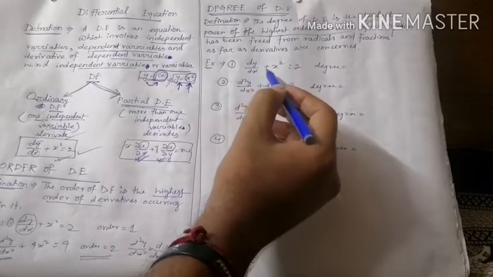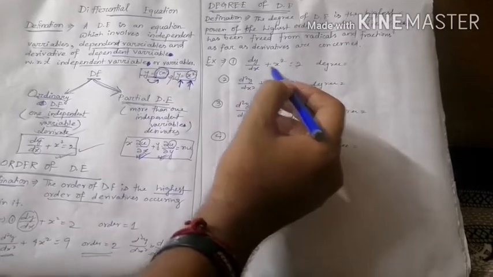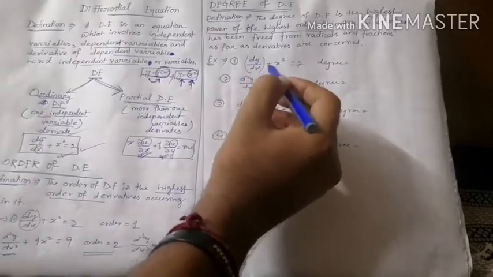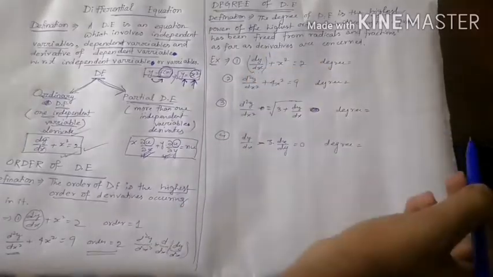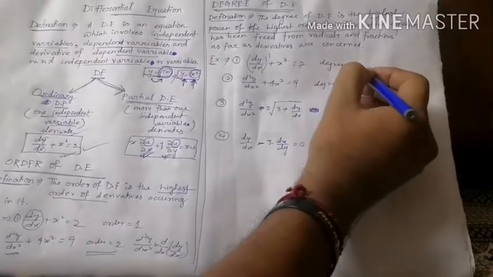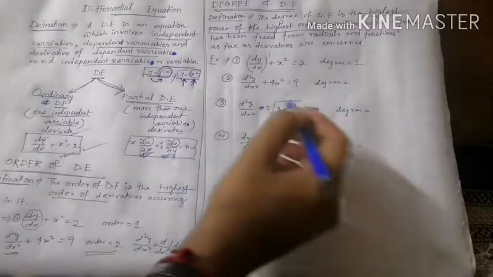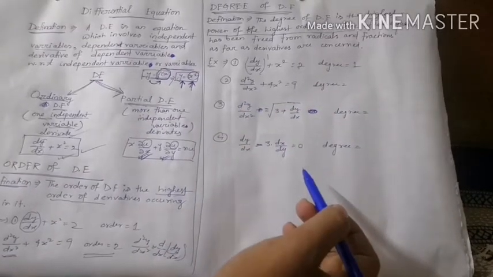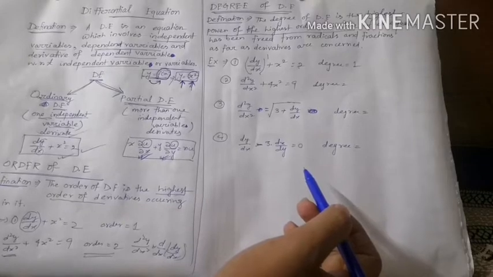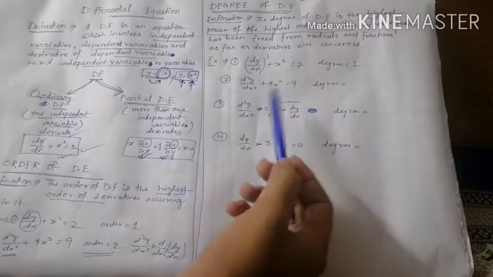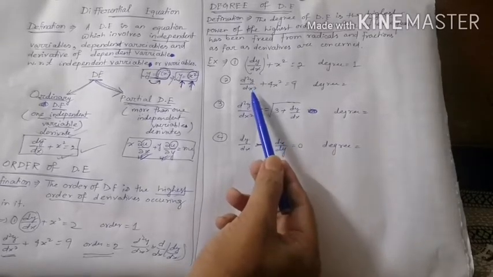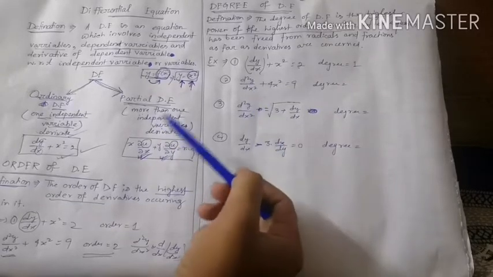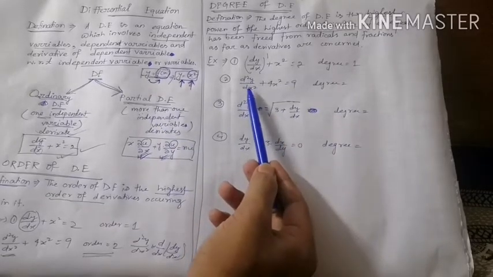If we take the first one, dy/dx + x² = 2. Here the highest power of the highest order derivative is 1. So here the degree is 1. In the second example, d²y/dx² + 4x² = 9, the highest order is 2, since y is differentiated 2 times.